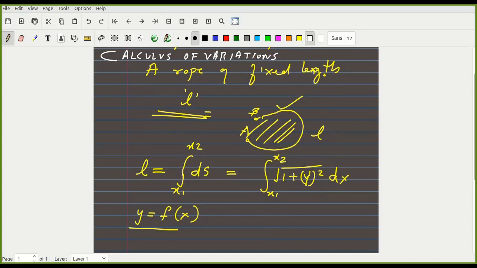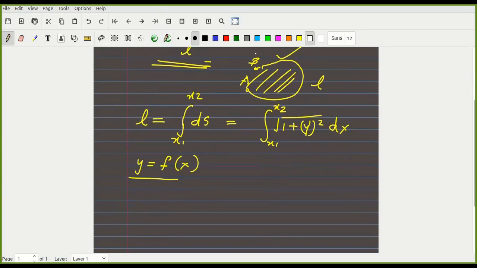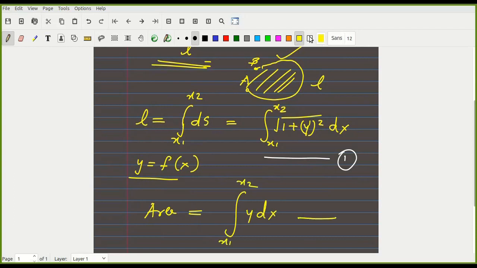So what we do, let's write this equation as 1, and we also know that the area functional is given by integral y dx, right? y dx, again from x1 to x2.